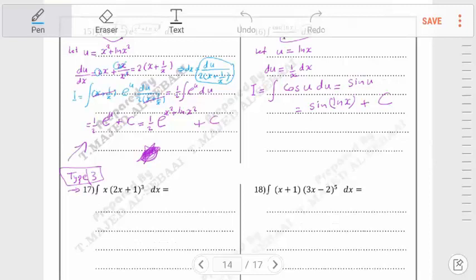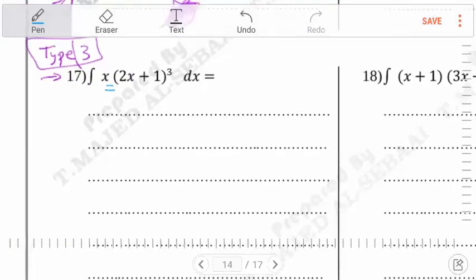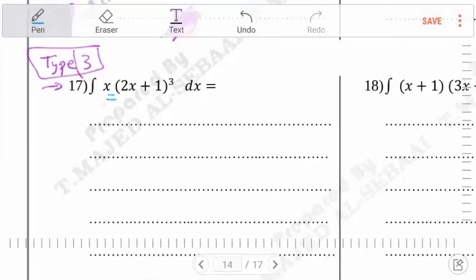See here, this is x, make it big. See this, it is x and bracket. Question, is this the differentiation of this? No, it's not. This is x and this is x. This is not the differentiation of this.